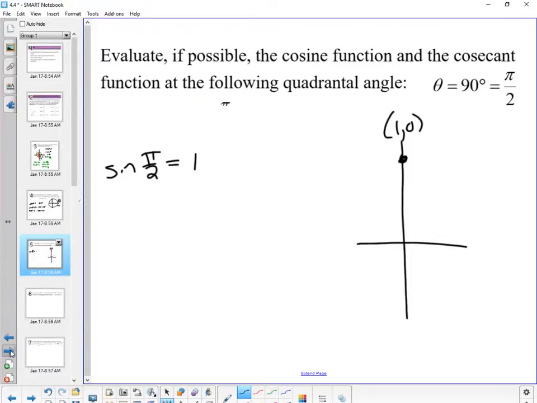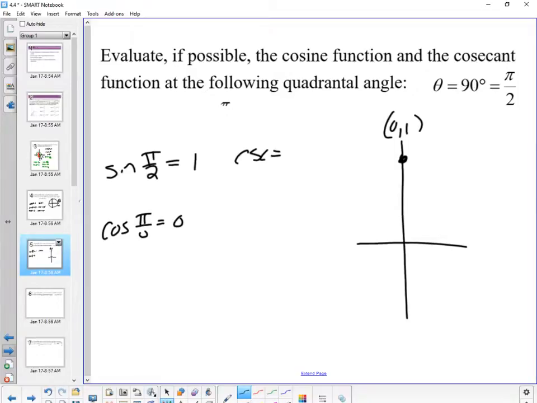Cosine? 0. Your coordinate is wrong, huh? It's 0, 1. So sine should be 1. Those are correct. The coordinate's not.